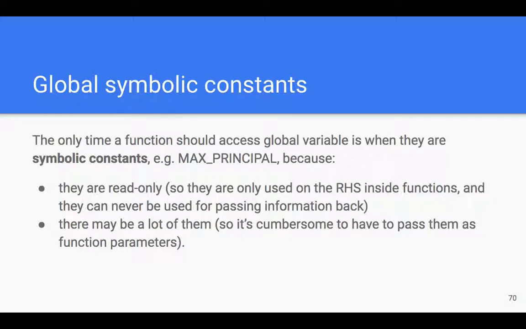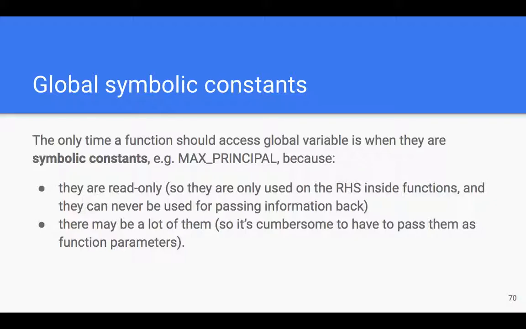Because they're read-only, you can never use them for passing any information back. You would never modify them from within a function or from anywhere, really. So they're fine in that sense. And also, there may be a lot of them, right? In our previous assignment, I think we defined 5 or 6 symbolic constants, and there could be many more depending on the size of your project.